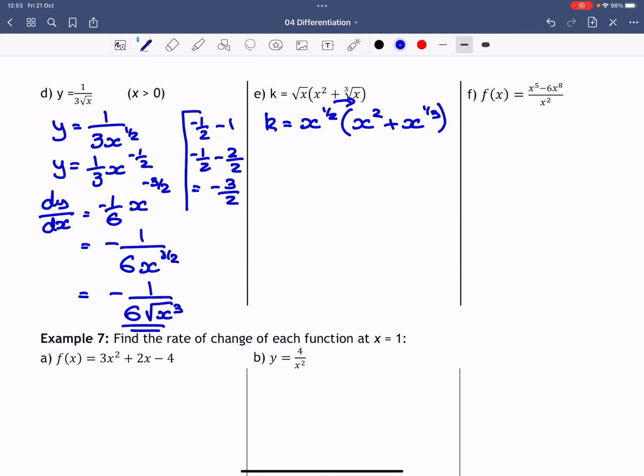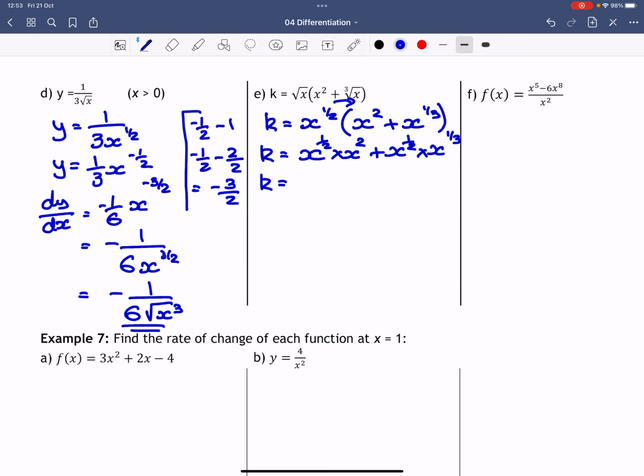Run x to the half through the bracket. So I get k is equal to x to the power of a half times x squared plus x to the power a half times x to the power a third. And then I'm just going to use my first law of indices. When I multiply my bases, I add the powers.